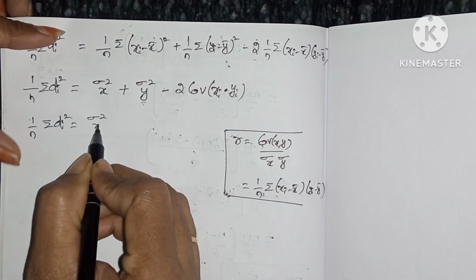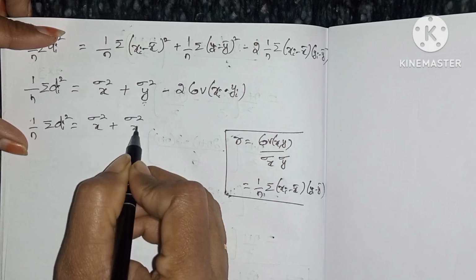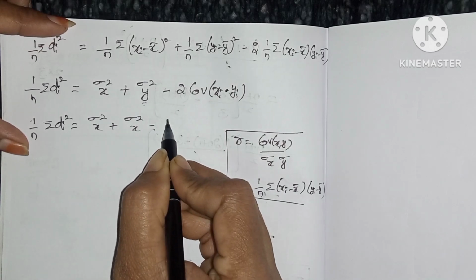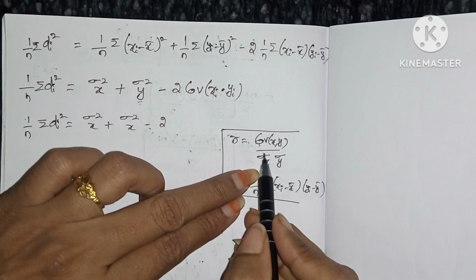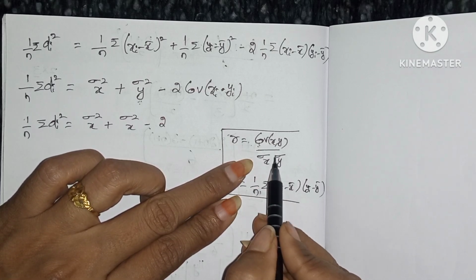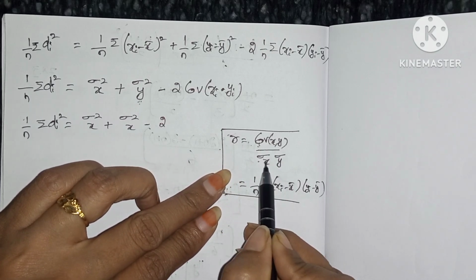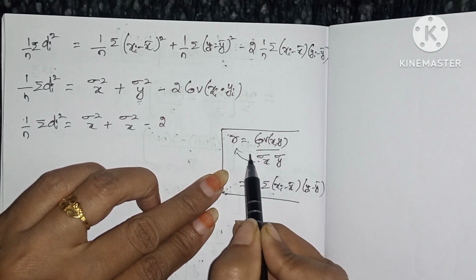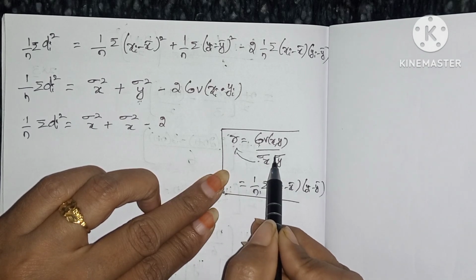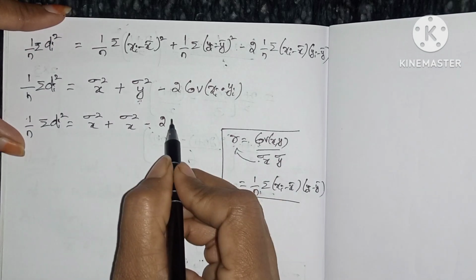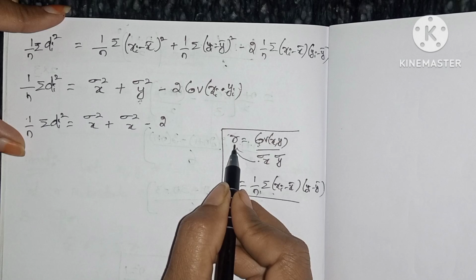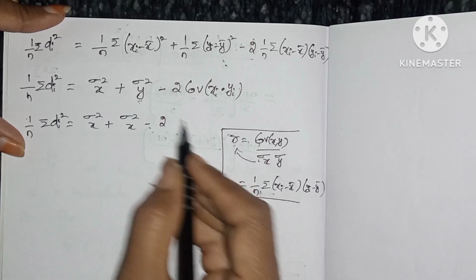So sigma square x plus sigma square x minus 2 into covariance of x comma y. If we bring these both terms here, what does it come to? R into sigma x into sigma y we get. So in place of covariance I am going to write R into sigma x into sigma y.